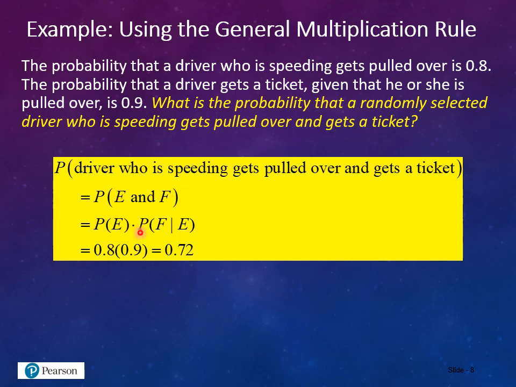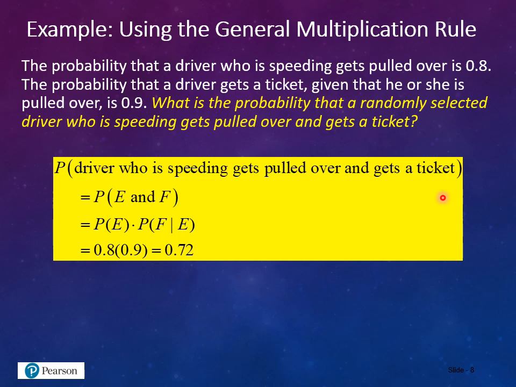So the probability of E, that a driver who is speeding gets pulled over, is 0.8. The probability that a driver gets a ticket, given that he or she is pulled over, this F given E, is 0.9. So we multiply those two probabilities up here and we get 0.72.